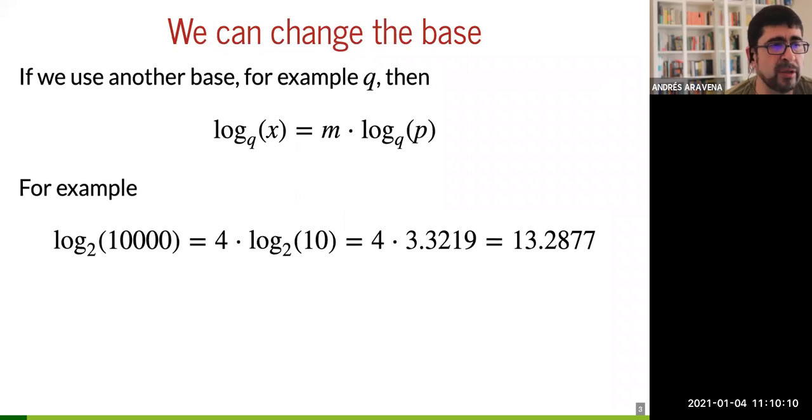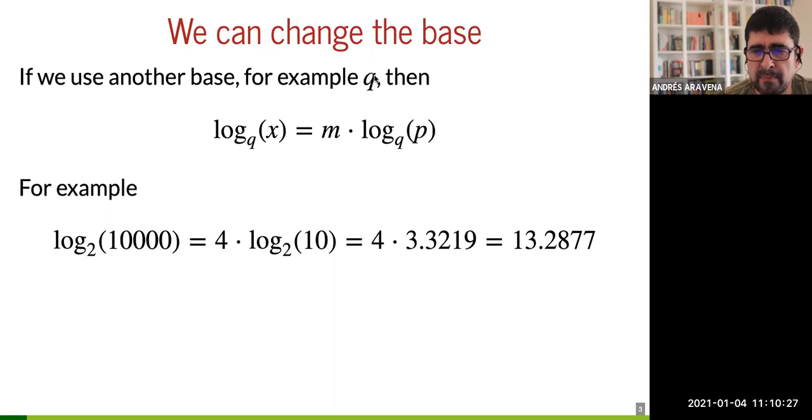So, for example, if you wanted to change to base 2, it's not very hard. And in fact, my basic point is that the base that we choose is kind of irrelevant. The important thing of logarithm, the properties of logarithm, are very much independent of the base that you choose.